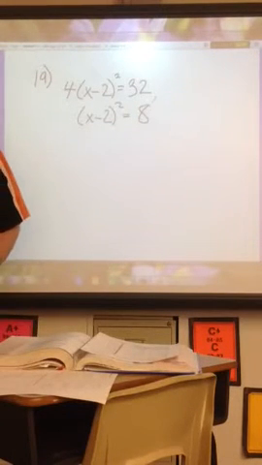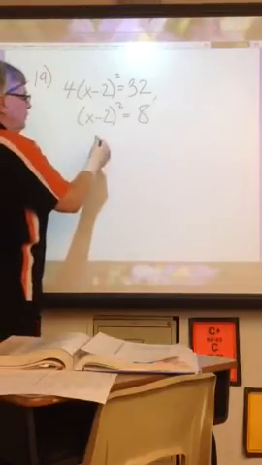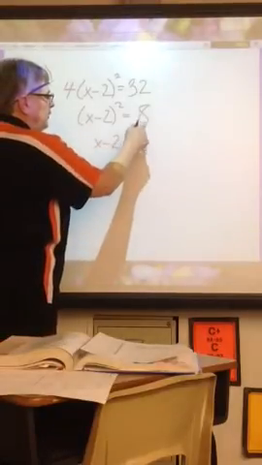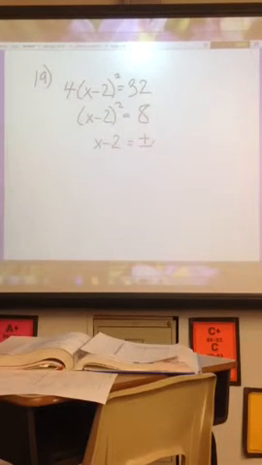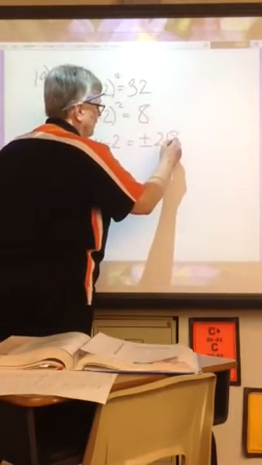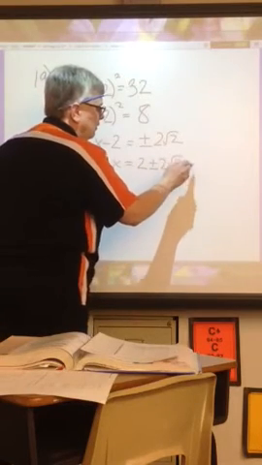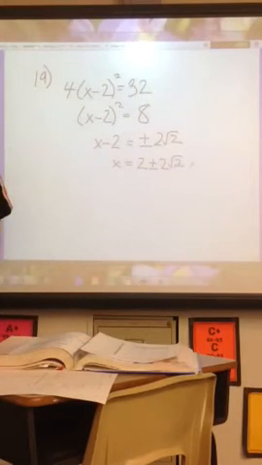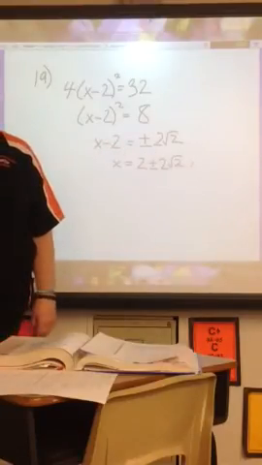How do you get rid of something squared? Take the square root. If I take the square root of this side, I get x minus 2. If I take the square root of this side, I get plus or minus, because we always have 2 answers. And then what's the square root of 8? 2 square root 2. Then I'd add a positive 2. Technically, that was the exact answer. You could have gone through the calculator and got the 2 answers.